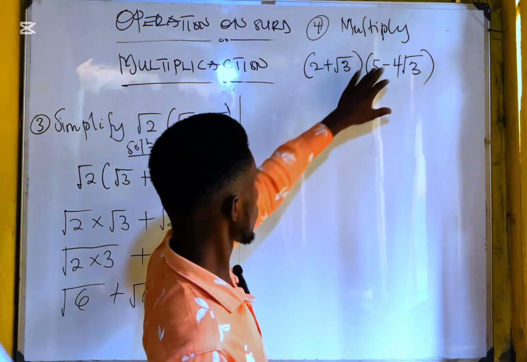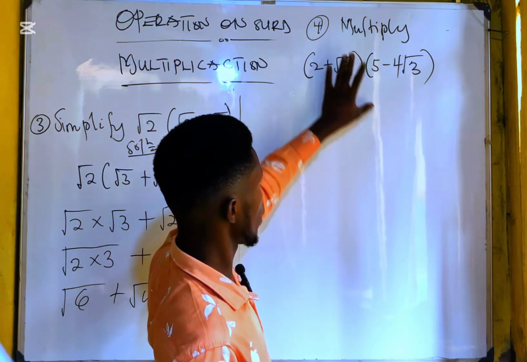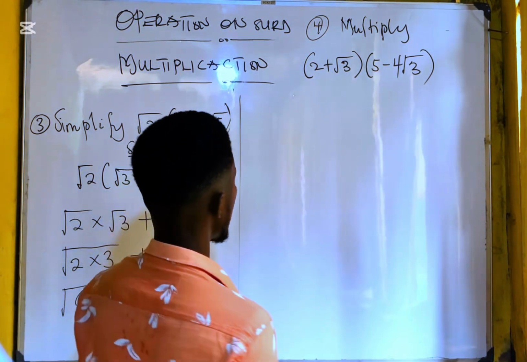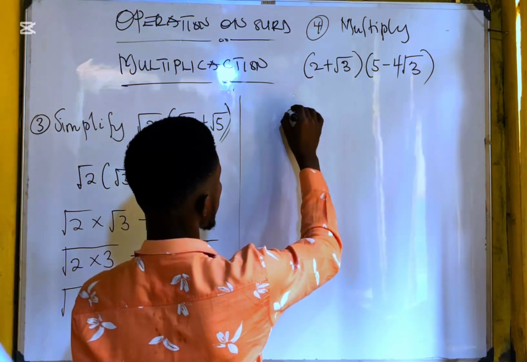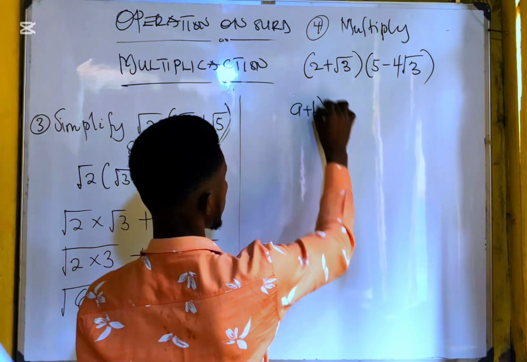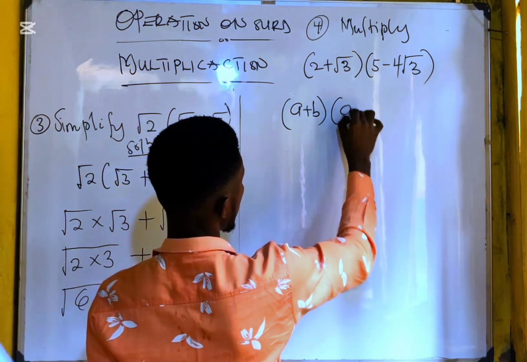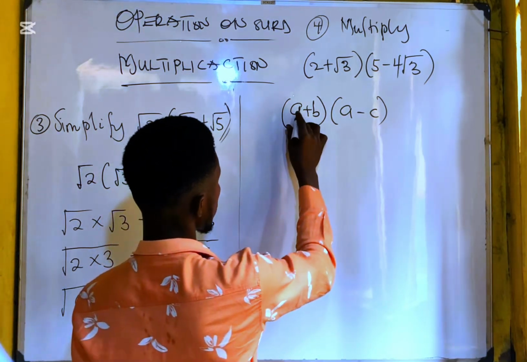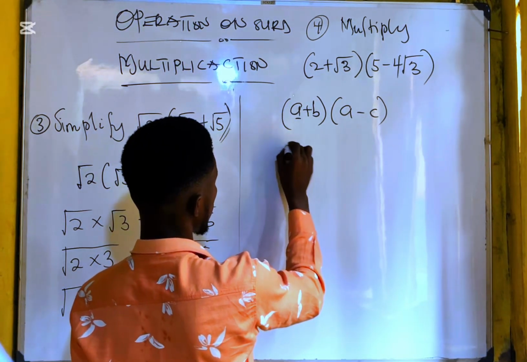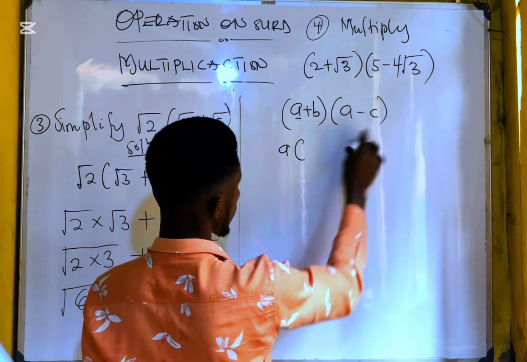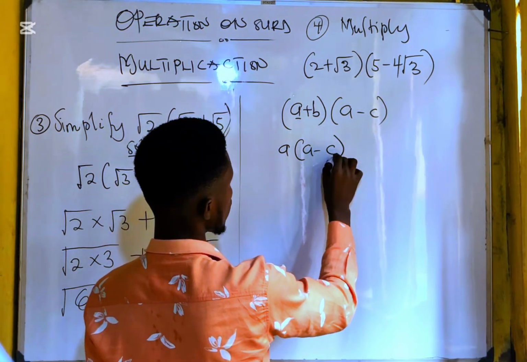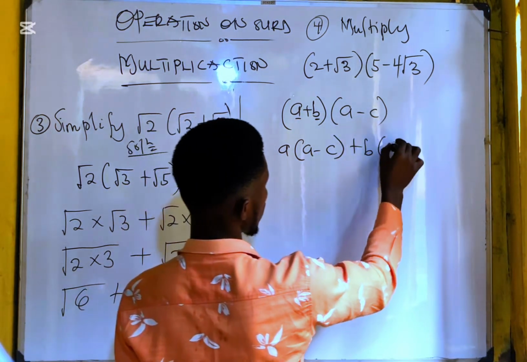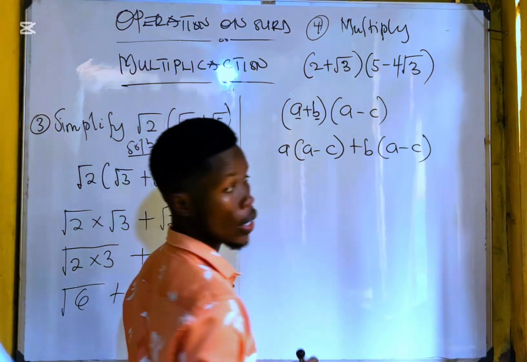Now, you have to multiply 2 plus root 3 in one bracket, 5 minus 4 root 3 in another, okay? But before I start, let's look at this. A plus B, A minus C. If you want to multiply something like this, first thing, you take this A, then you multiply by the whole of this, so A minus C. Then come and take this B, then you multiply by the whole of this again, A minus C. Is that okay?